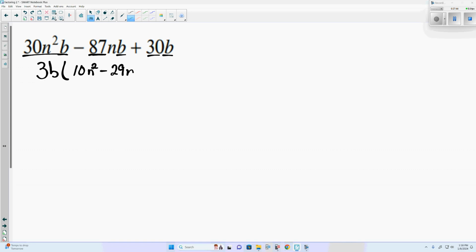We didn't do anything to the n, so it's 29n, and the b factored out completely, plus. Oh, I didn't even see that. 30 divided by 3 is 10, and the b factors out completely. So what that leaves us with is 3b times n squared minus 29n plus 10.